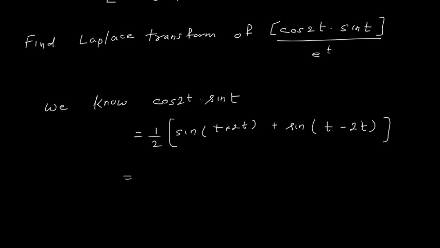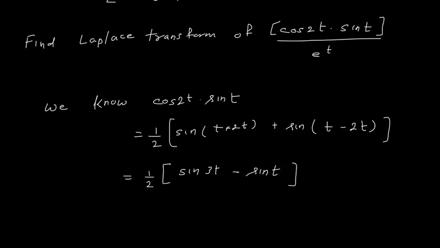So this will become 1 upon 2 sin 3t. T minus 2t is minus t, sin minus t is minus sin t. So the value of cos 2t sin t is 1 upon 2 sin 3t minus sin t.